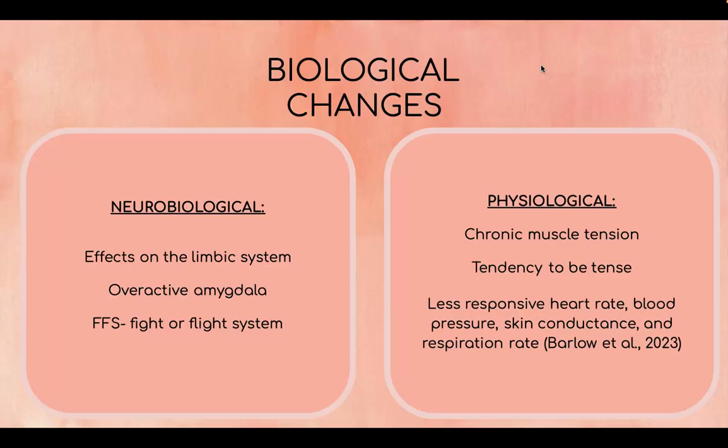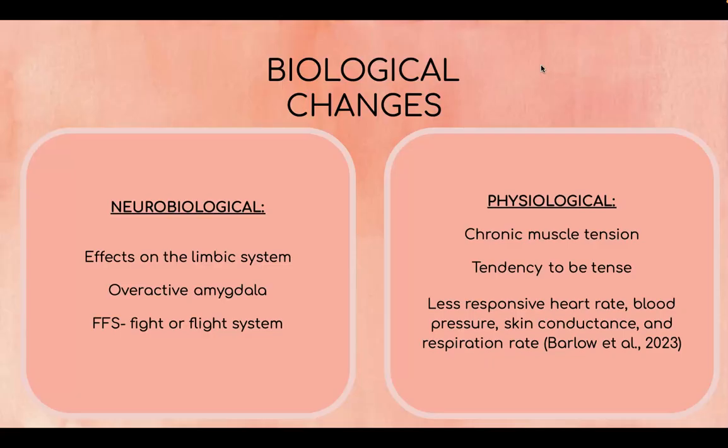This disorder does cause biological changes, both neurobiological and physiological. For neurobiological, as I mentioned earlier, it affects the limbic system. So your limbic system is a part of your brain with your amygdala, your hippocampus. It's really the part of your brain that controls your fear response, your emotions.